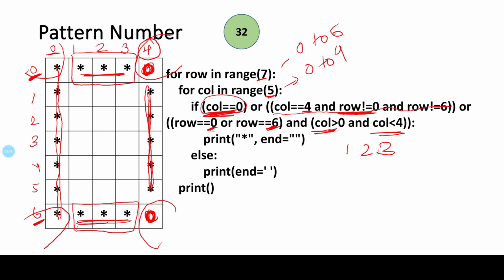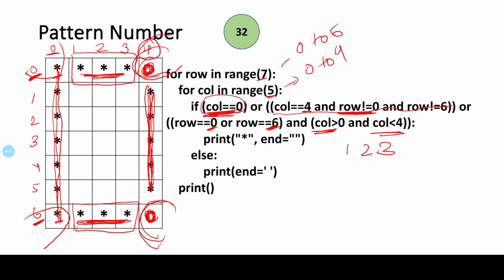So the first condition is for this column, then the next condition is for these stars, omitting this blank space. Then the next condition is for these 3 stars, and we are not overwriting anything over here and here, and we are keeping this particular place empty. So that is the if condition.